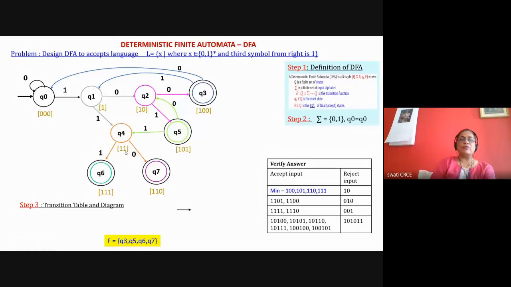And this way, for this particular problem, if you draw it this way, then you get the correct answer. Otherwise, you will end up with the wrong design. Now in Q7, if there is any one, last three digits are 101. So tell me for Q7.